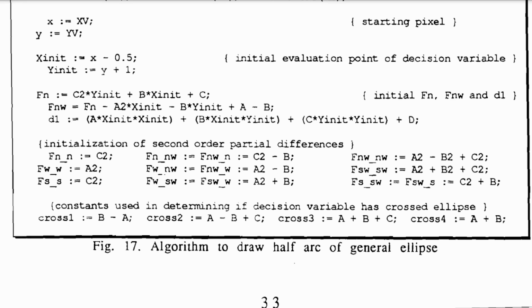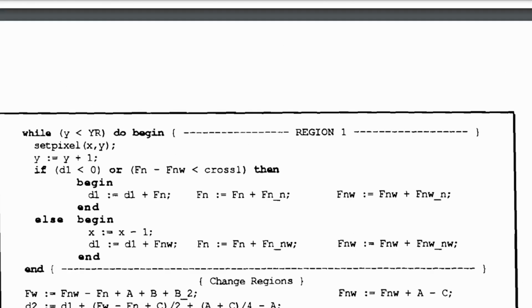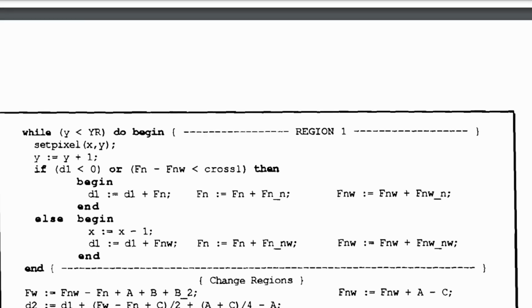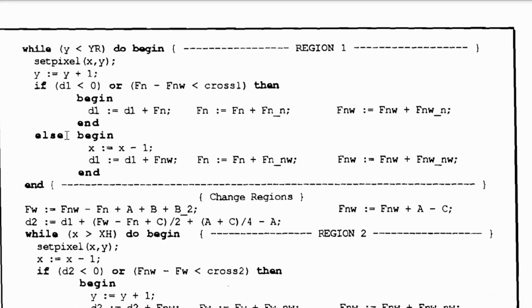So let me show you the actual algorithm itself for drawing the arcs. So here's the first arc here, region 1. And you can see that this is a pretty straightforward algorithm. It's just a loop, and every iteration of the loop it draws a pixel. You can see the x and y coordinates of that pixel are changing here and here. And there's really not much to this.